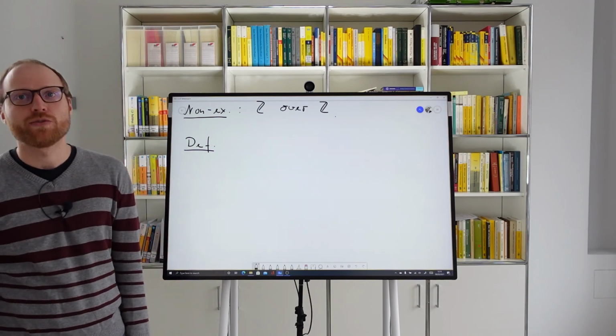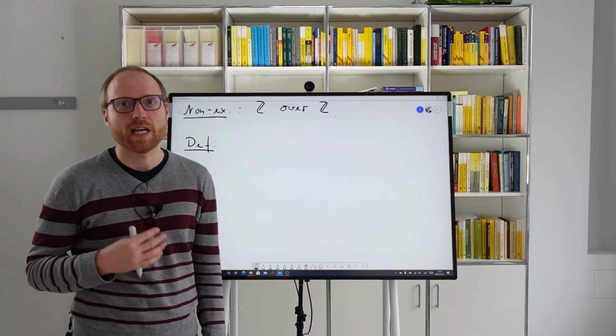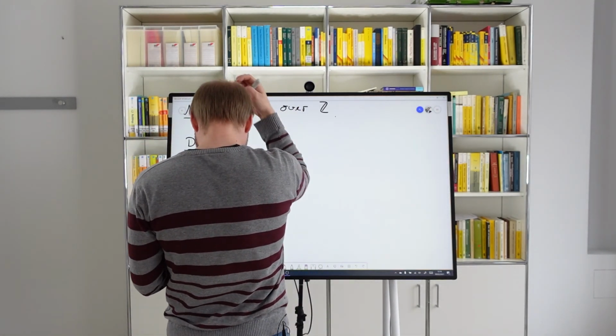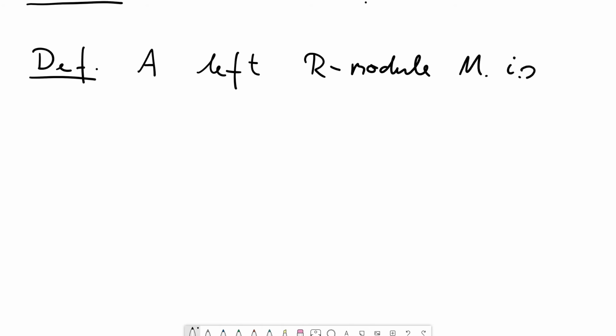So the game is now to repeat the process for the adjoint functor, the tensor product. So what happens there? There, we just introduce a new notion to say what it means that the tensor product is exact. Namely, a left R module M is called flat if the tensor product with M turns out to be an exact functor.